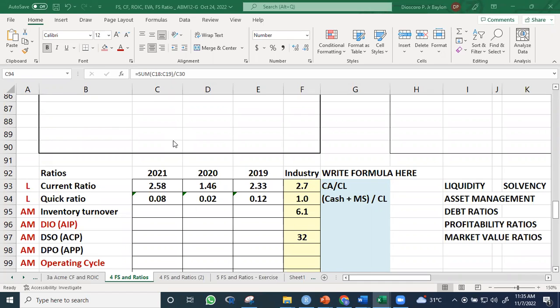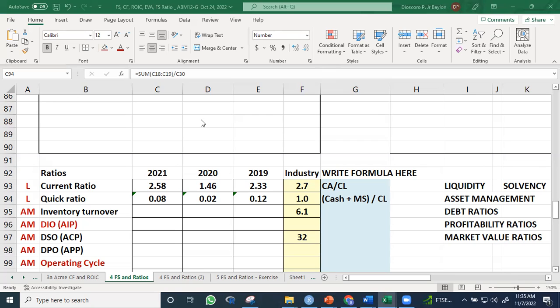Yung accounts receivable nila, titingnan nila kung kailan magiging due yan, kailan magiging collectible, okay? And then they're able to plan their cash flow also. Kasi makikita nila yung mga receivables, ito yung mga scheduled dates na mako-collect nila. So they can use that information for analyzing their cash flow requirements, cash flow budget.